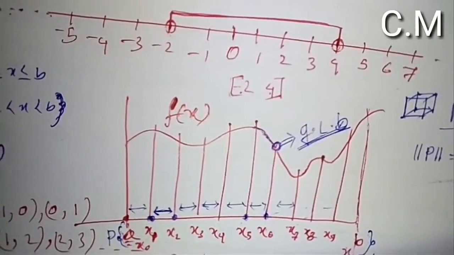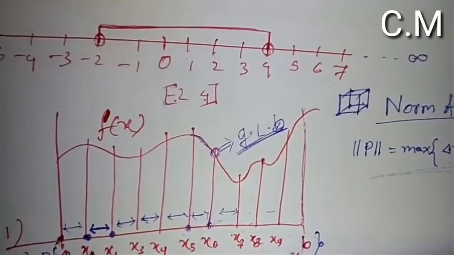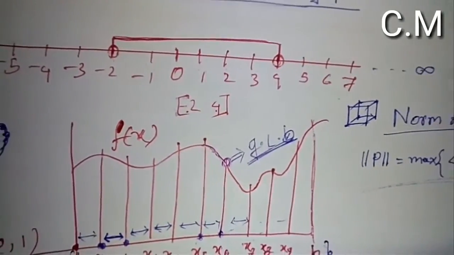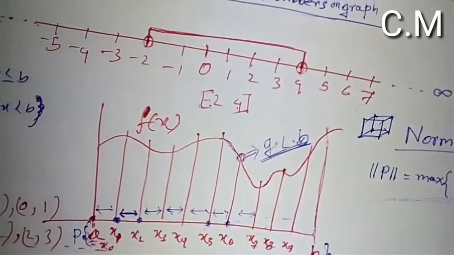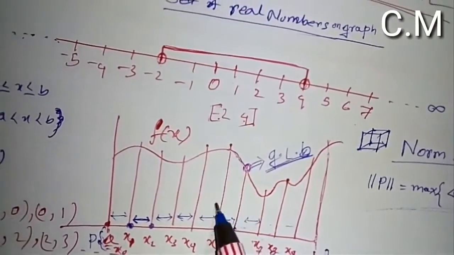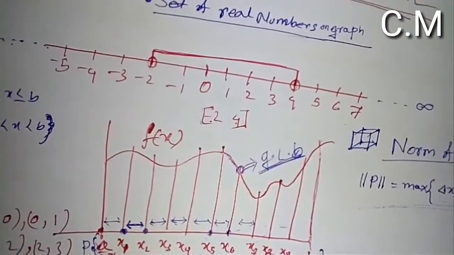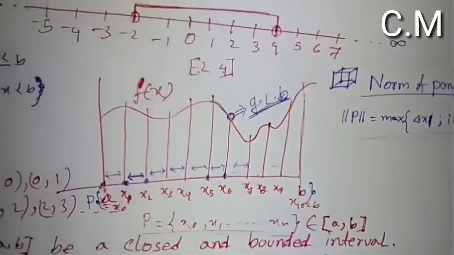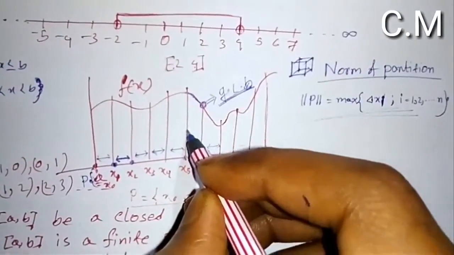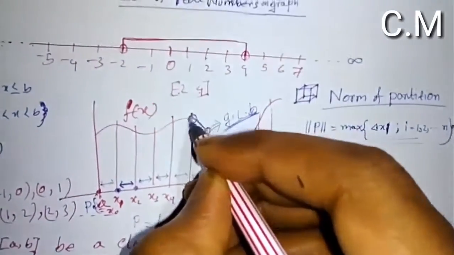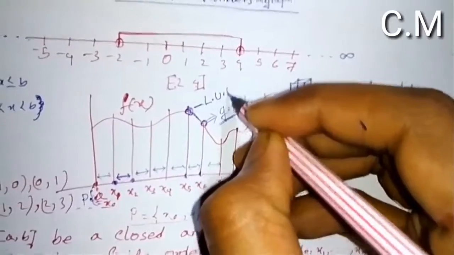That means the value of the function between these intervals is greater than the GLB of that particular portion. And next, what is the least upper bound? For the same interval, here it is the least upper bound, LUB.